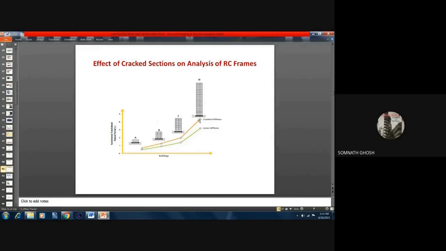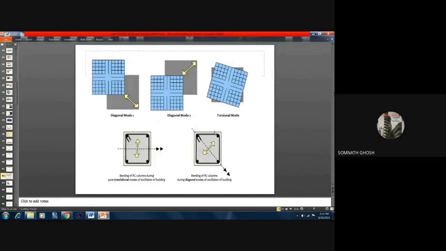The difference is very high. This is the kind of thing I was talking to you about: the building may shift this way, it may shift this way, it may be in the torsional mode. Bending of the column may be like this, or normally like this.